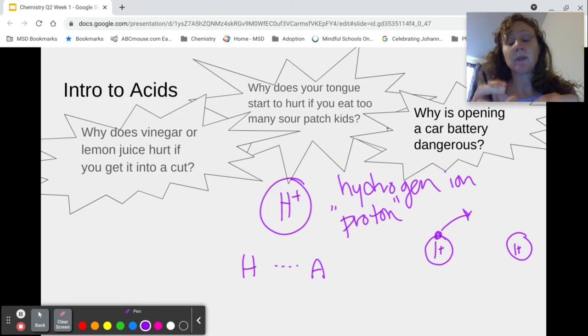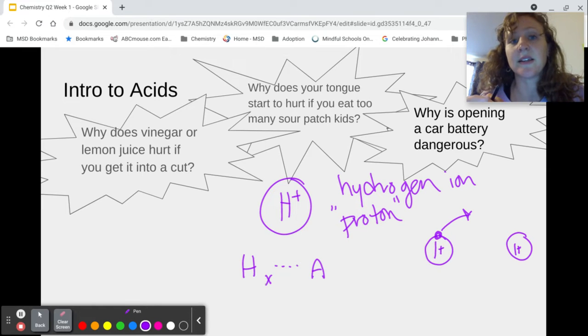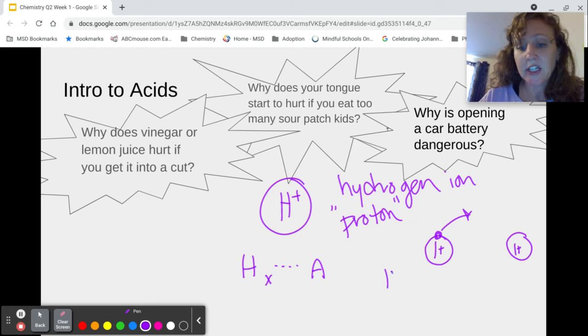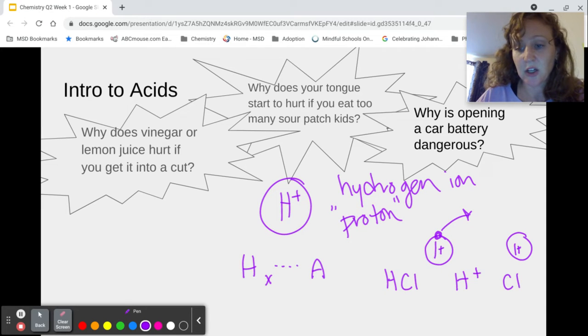Again, they're going to be balanced so that the positive charges of the hydrogen are equal to the negative charges of the anion. So you're always going to get a subscript next to the hydrogen that is used to balance out those charges. For example, HCl, that's hydrochloric acid. It's made from the hydrogen ion and a chloride ion.